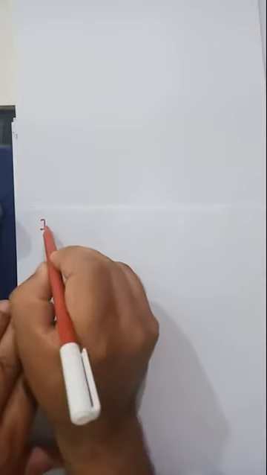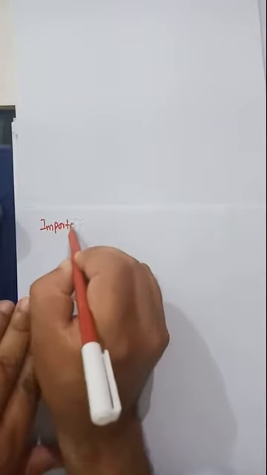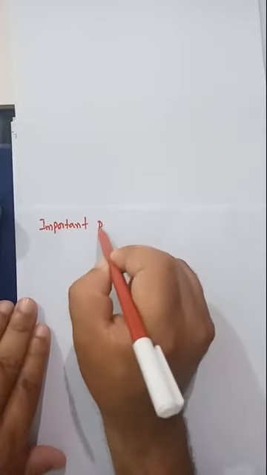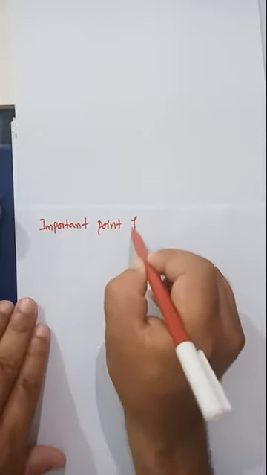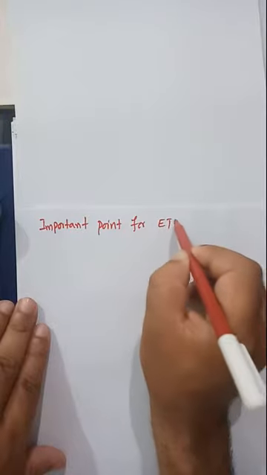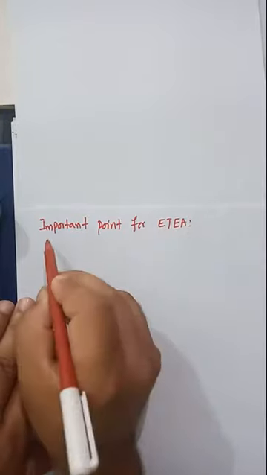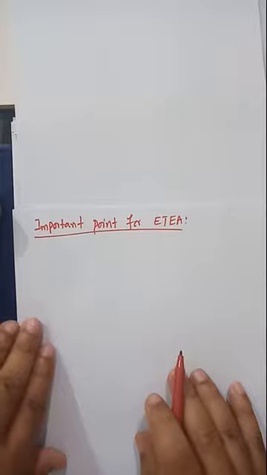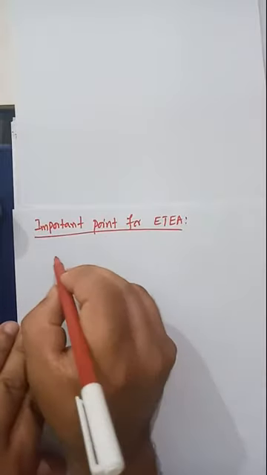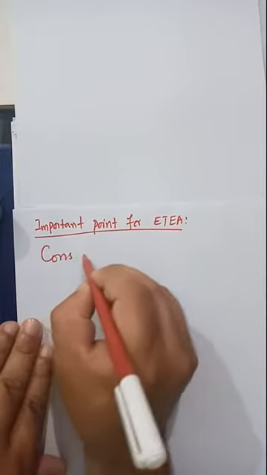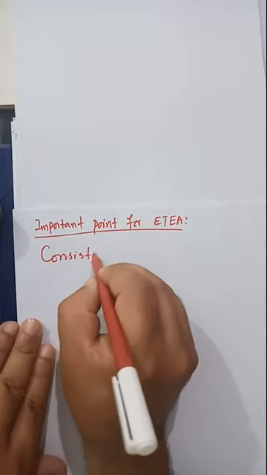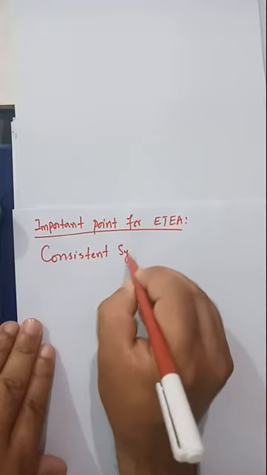which is not discussed in the book. An important point for engineering tests: what is a consistent system?